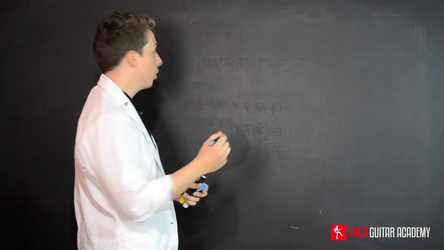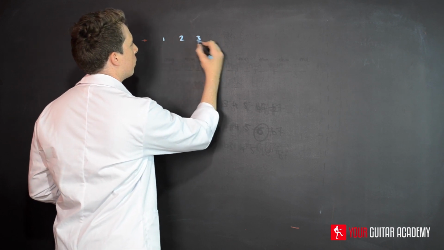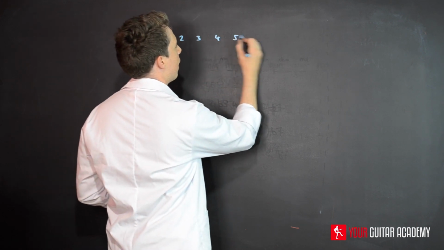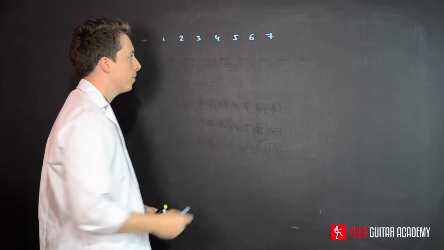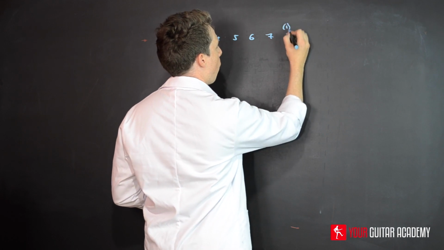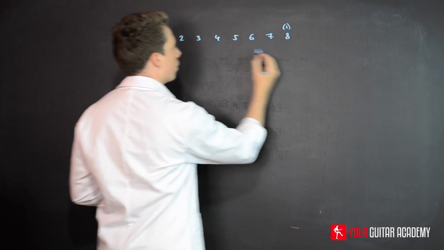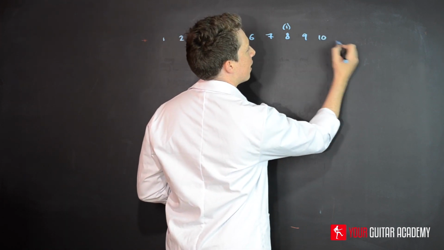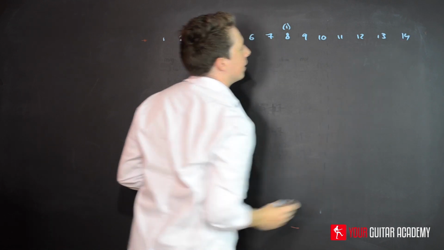I'm going to write out 1, 2, 3, 4, 5, 6, 7, and that's our usual octave. Then instead of just stopping at 8, where we'd normally put 1, I'm going to carry on a whole other octave. So 9, 10, 11, 12, 13, 14.